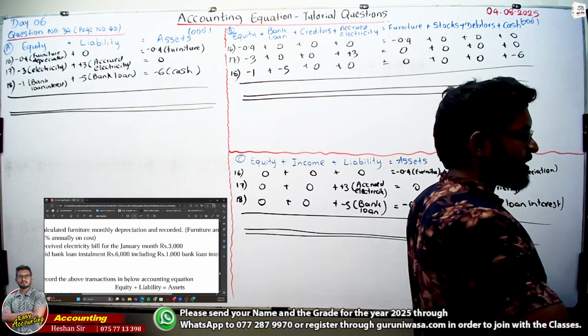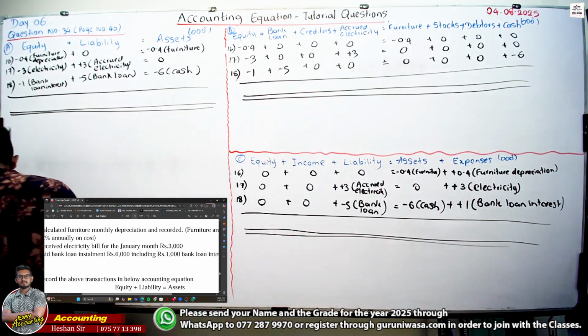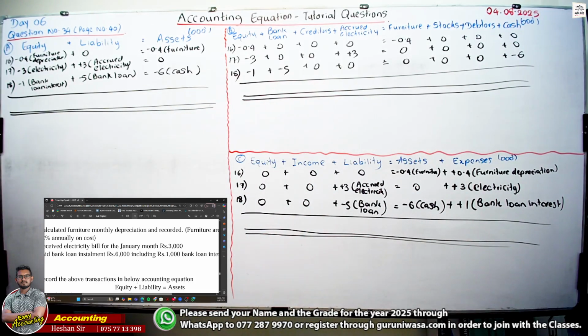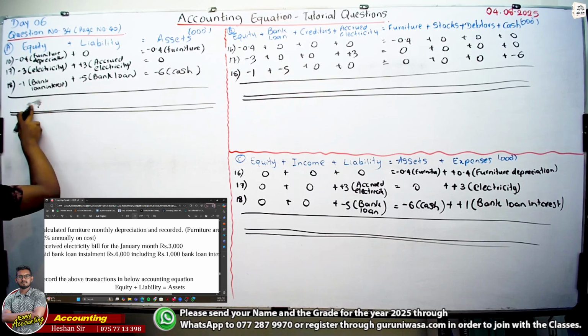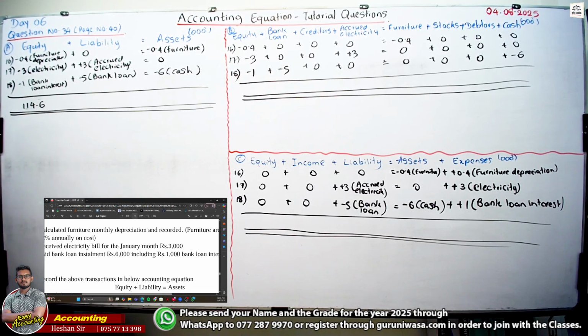Now tell me the total in here. Equity: 114.6. Liability: 58.